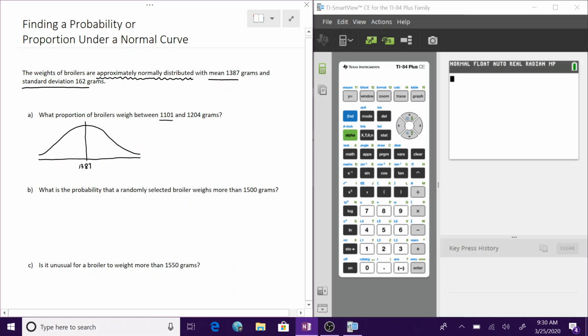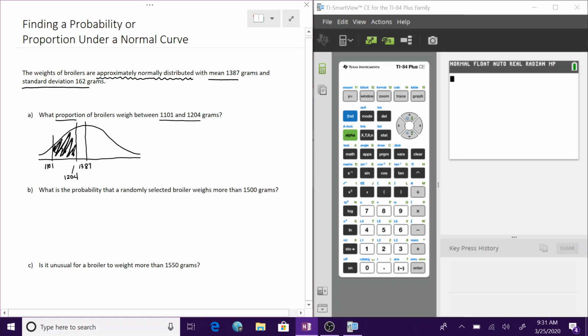And then we want to look at these two values right here. 1,101 is less than that value, so we know it's over here somewhere. And 1,204 is also less than this value, so we're going to be over here somewhere. Now we're trying to find a proportion, meaning we're finding an area underneath this curve between these two values. So this area right here.